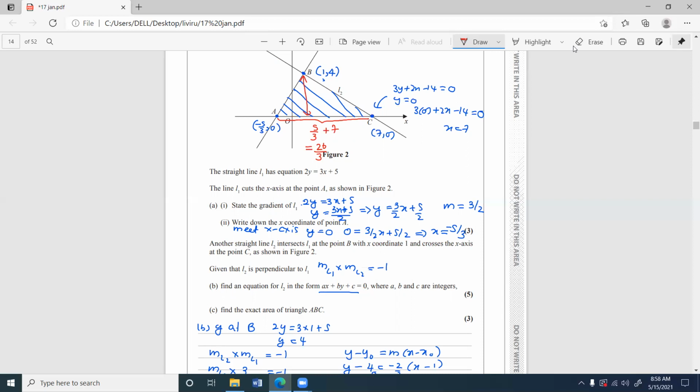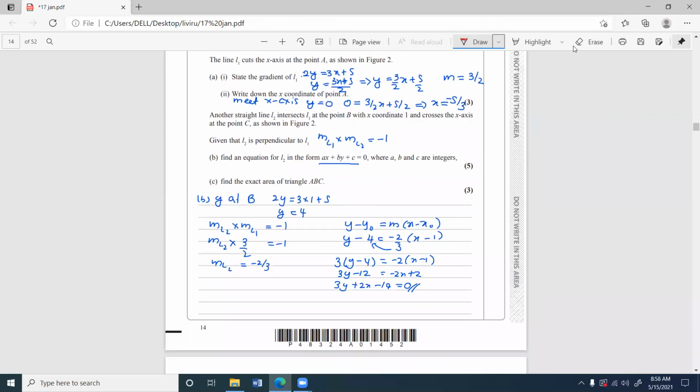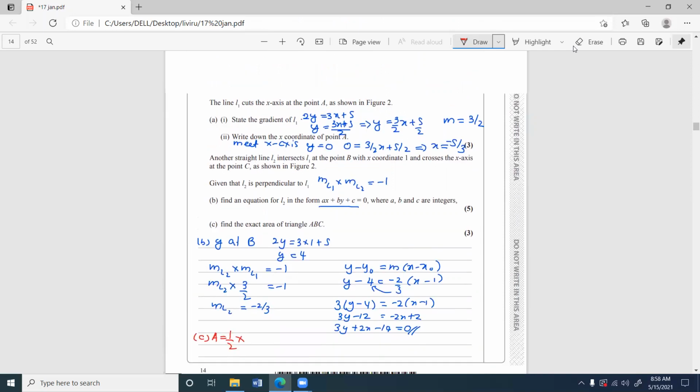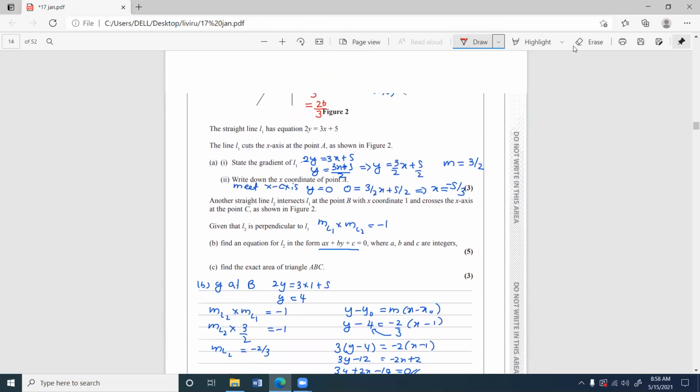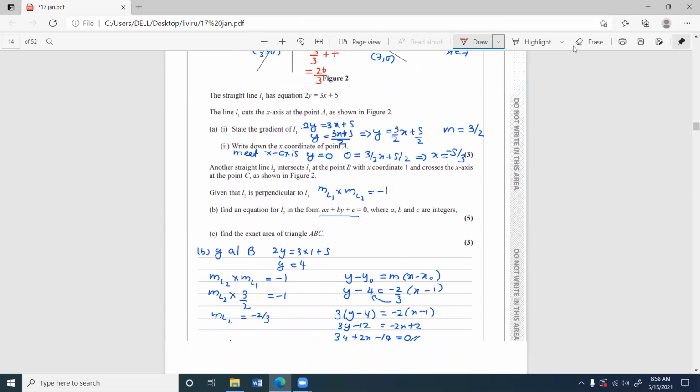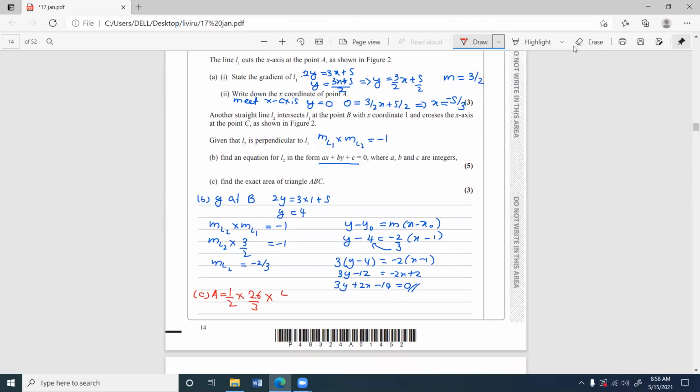And we can find this height as well. That height is how much? The x coordinate is 1 and the y coordinate is 4. So it's a triangle with base 26 over 3 and perpendicular height of 4. With this you can find the area. The area is half times base 26 over 3 times perpendicular height 4.